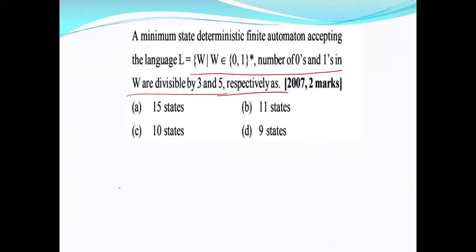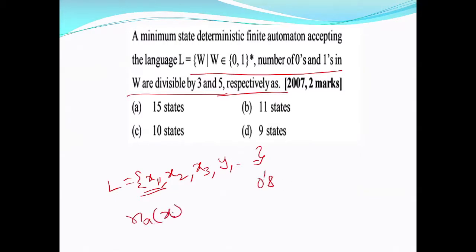That means you take the string W in this language, any string, say x1, x2 or xyz, whatever it is. If you count the total number of zeros, I will call this N0 of x when x belongs to L. N0 stands for number of zeros.